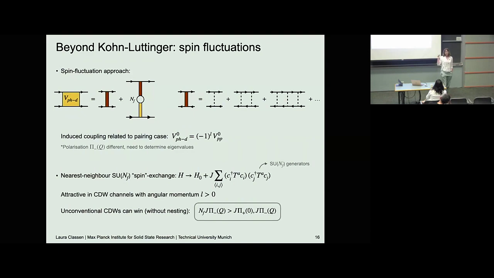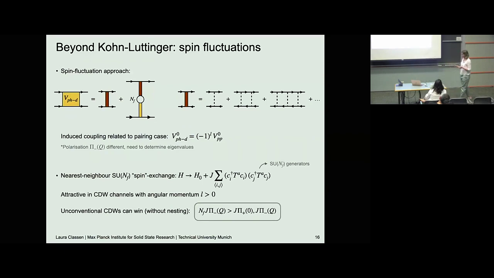Such an interaction, for now I still want to consider it in the scenario where the bandwidth is larger than that interaction. And if you have such an interaction, it will be attractive for these uncorrelated charge density waves with higher angular momenta. But as you know, it's also attractive for spin orders or pairing.